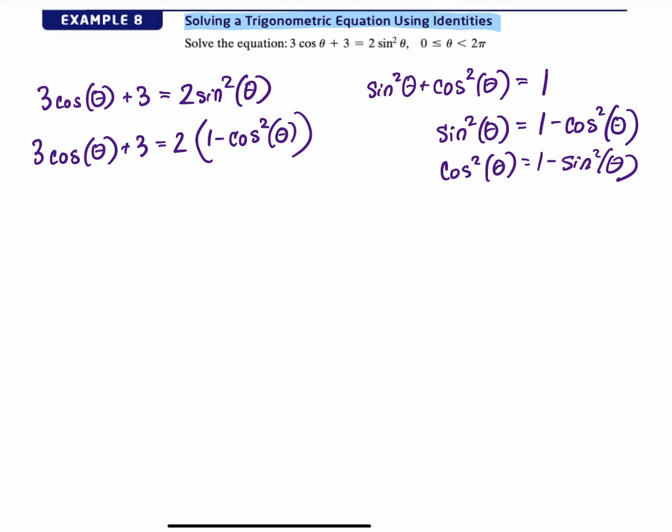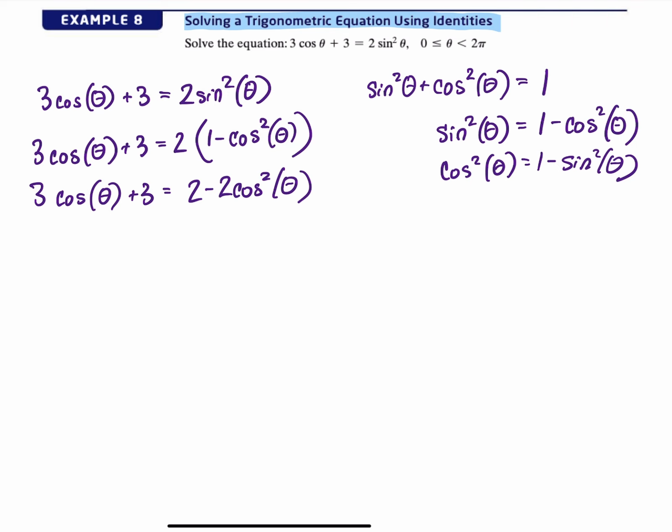Let's get everything moved over to the left side and equal to 0. So I'll start by distributing that 2. So 3 cosine theta plus 3 will equal 2 minus 2 cosine squared. And then I will add that 2 cosine squared over to the other side.